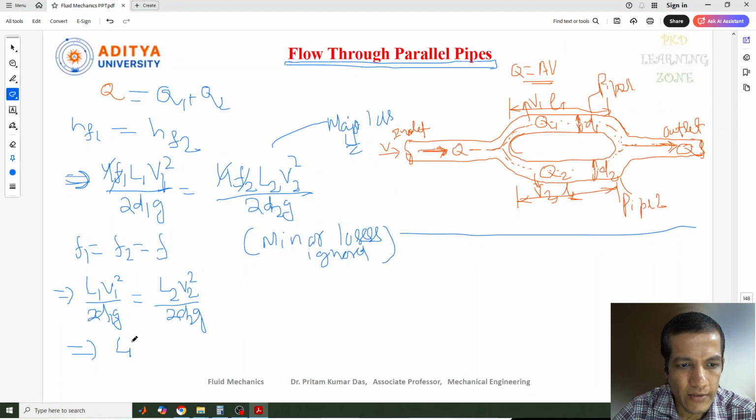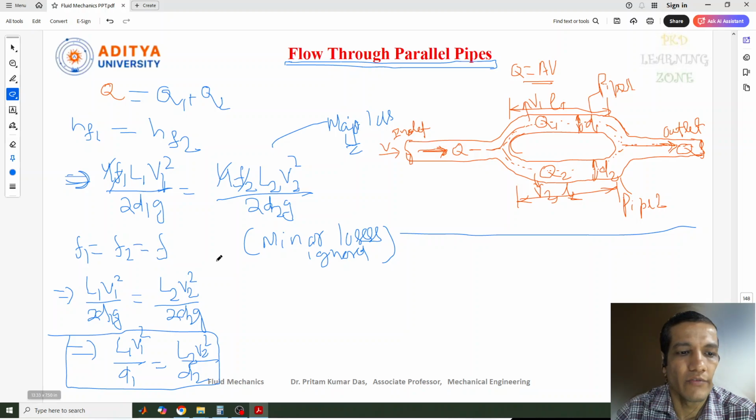Then we get L1 V1 square by D1 equal to L2 V2 square by D2. This is the final equation.